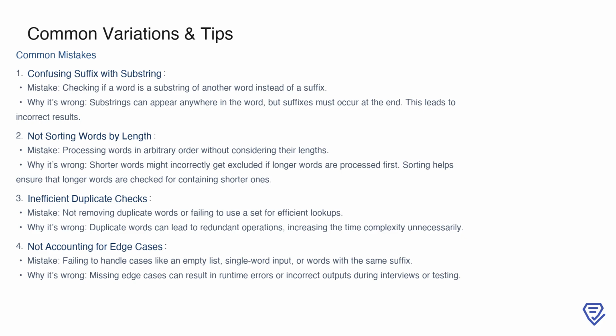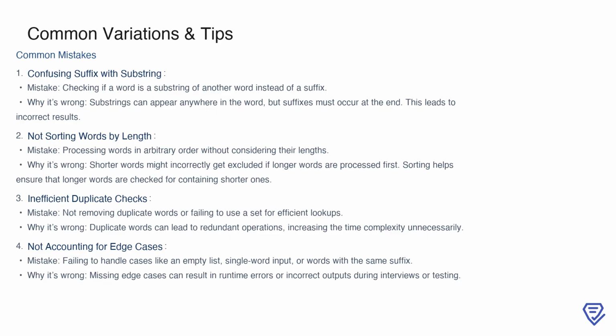results. Another pitfall is failing to remove duplicate words or skipping the use of a set for lookups. This omission can result in redundant operations and unnecessarily increase the time complexity. Lastly, be sure to account for edge cases, like an empty list, a single word input, or words that share the same suffix.